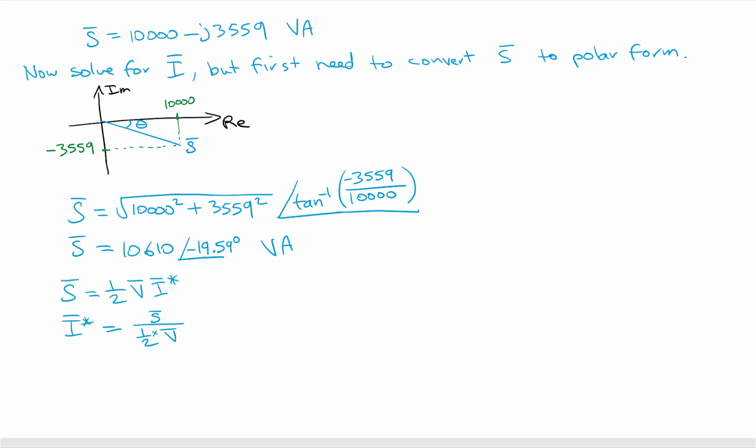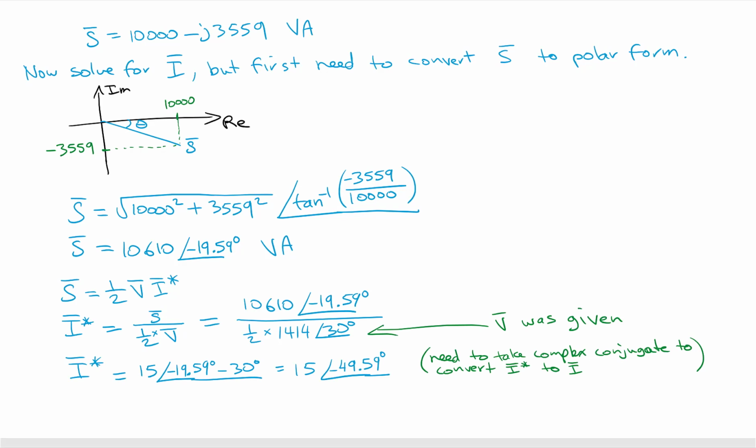And then we can use the equation that we had originally for the complex power phasor, 1/2 times the phasor voltage times the complex conjugate of the phasor current. Then when we arrange to solve for the complex conjugate of the current phasor, we get the power divided by 1/2 times the voltage.